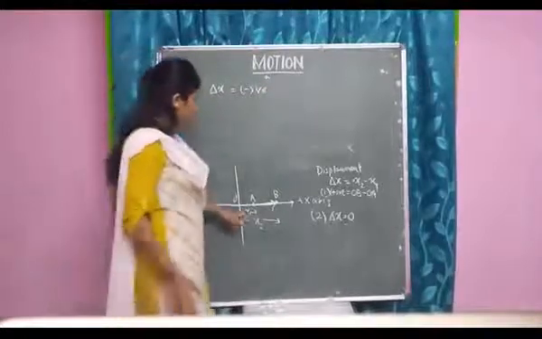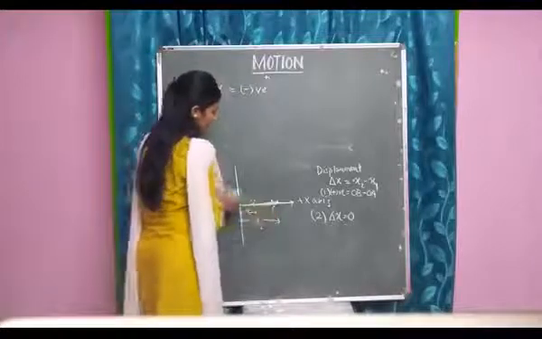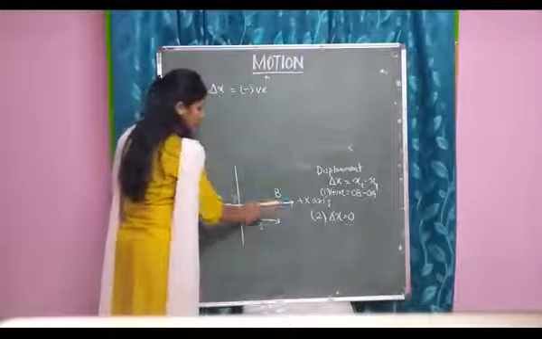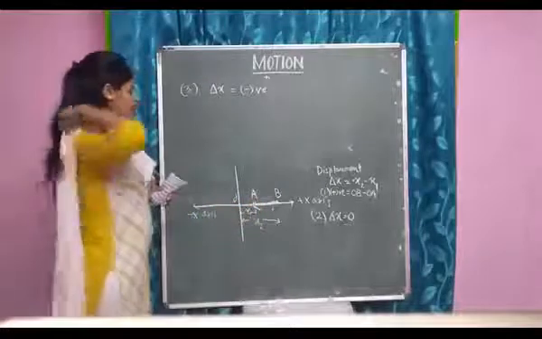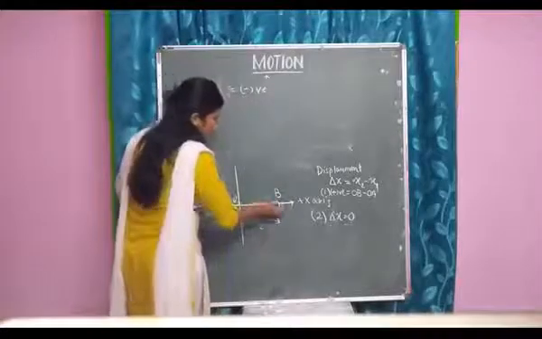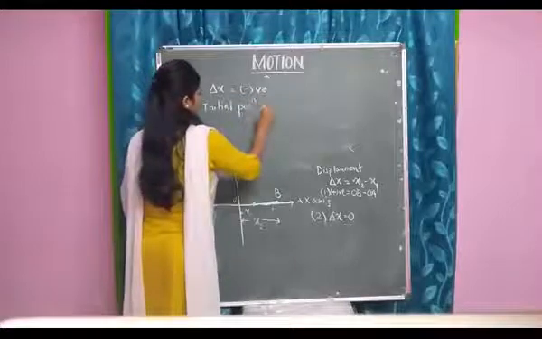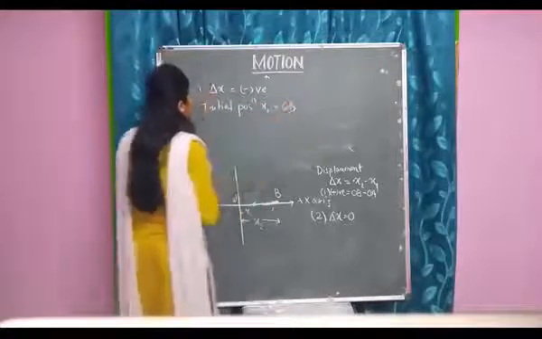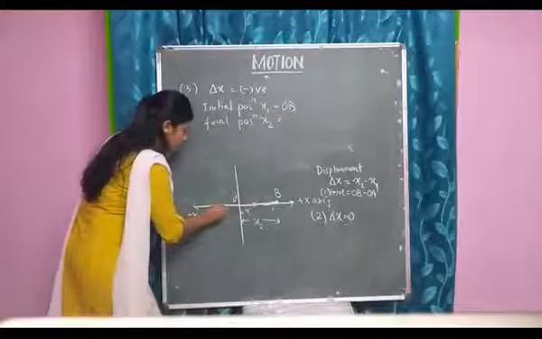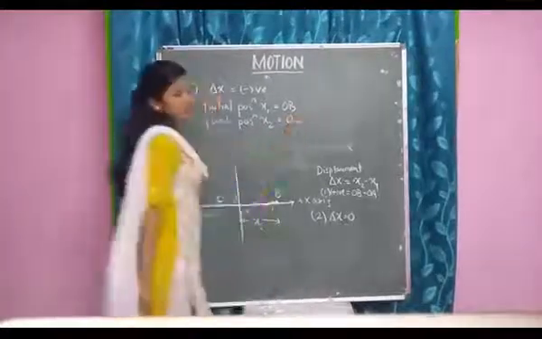Suppose the body is initially at point B and it is moving along this direction towards point A. The initial position x1 will be OB, and suppose the final position x2 is point C, then we have OC.